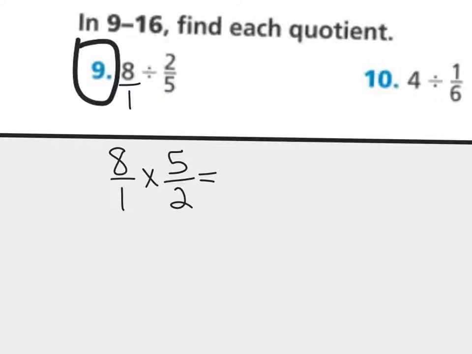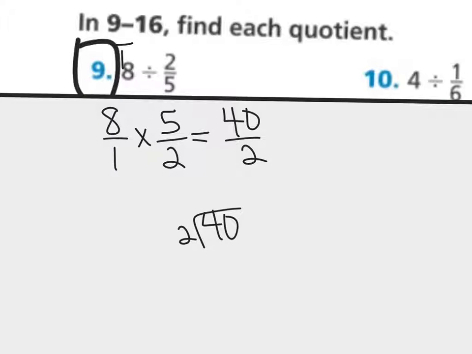So we'll just multiply straight across. 8 times 5 is 40. 1 times 2 is 2. And we got 40 divided by 2. You might know as dividing by 2, you're taking half of it. So you might know half of 40 is 20. If not, you can just divide that out all the way. So 20 would be our answer.